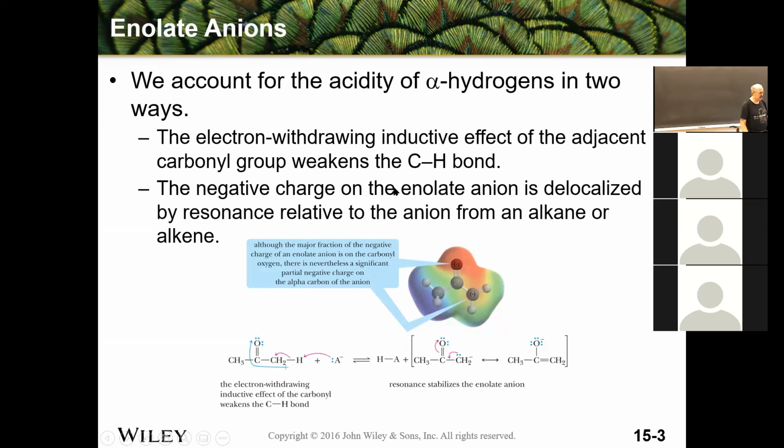The negative charge on the enolate anion is delocalized by resonance relative to the anion from the alkane or alkene. Okay, so if we were to remove one of these alpha hydrogens, this anion, what we call an enolate anion, is resonance stabilized. The negative charge can be spread between the carbon and the oxygen.